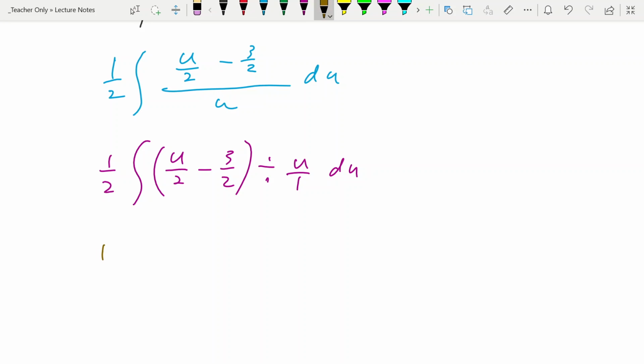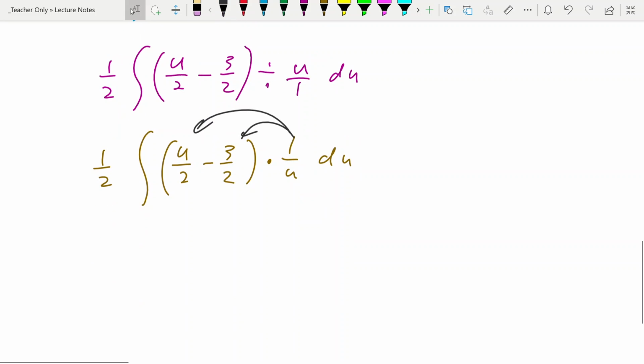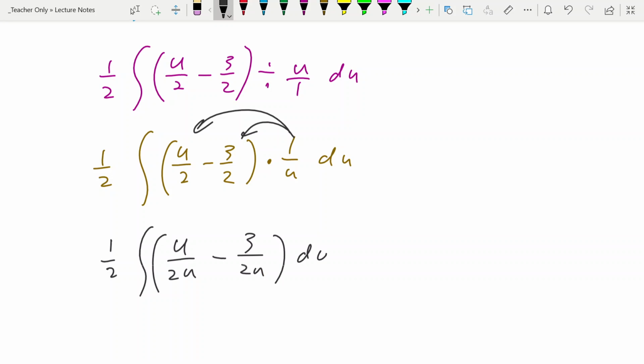Then what we can do here is say, okay, this would be u over 2 minus 3 over 2 times the reciprocal, 1 over u. And now, because we have it written like this, we can distribute 1/2. So this would be u over 2u minus 3 over 2u du.